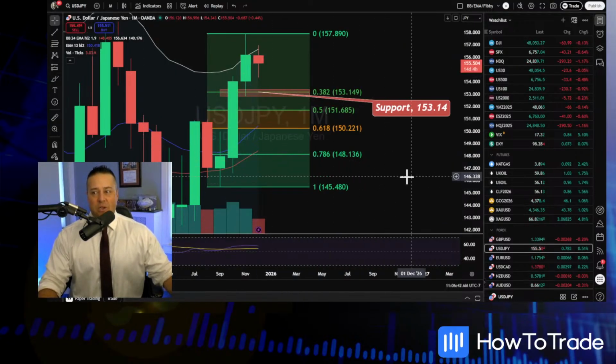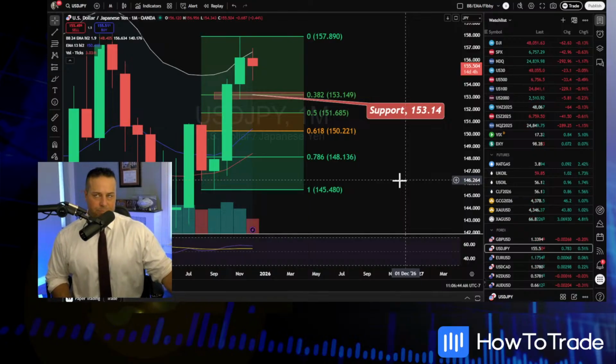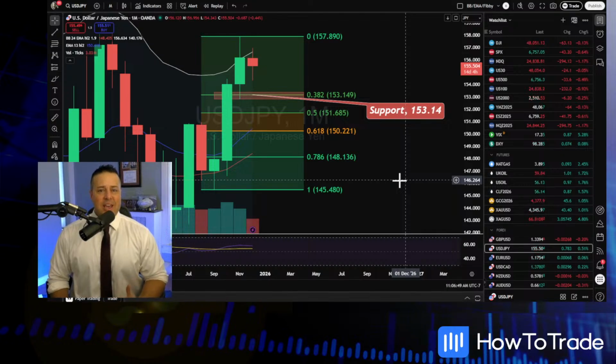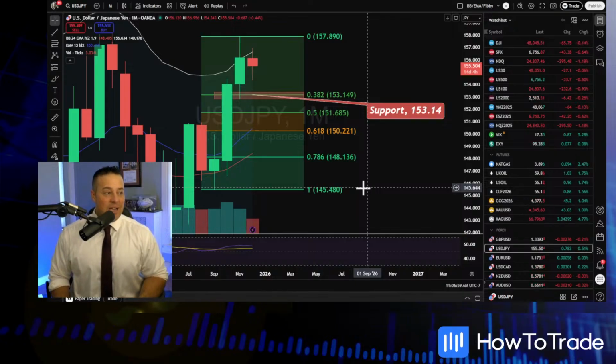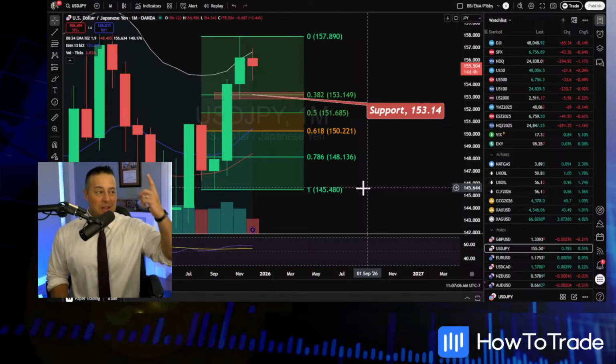Okay, U.S. dollar, Japanese yen. This one goes out to Gordon. The biggest thing you've got to remember about the yen this week is the BOJ is set to raise interest rates. Now, that is really difficult. So we just need to understand exactly where the BOJ stands. They're going to tighten interest rates. That is contradictory and really a challenge for a lot of currency traders to wrap their heads around.